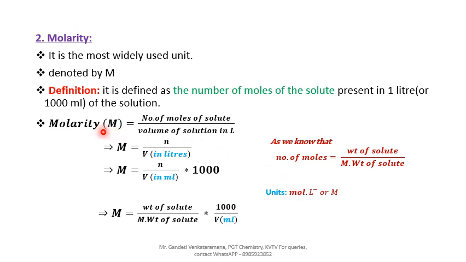Molarity equals number of moles of the solute, represented with N. Mole is the SI unit of the amount, MOL. Volume in liters. So mole per liter, otherwise mole liter inverse, is equal to capital M. You can write either. Mole per liter is a very important unit.